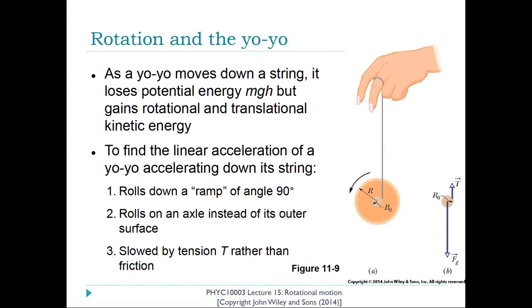And it's actually slowed down by the tension rather than the friction. As the system is going down, there's a force down, mg, and there's a force going back up. That's the tension that's counteracting the force of gravity. So in this case it's not friction, it's just that tension as it's rolling down.